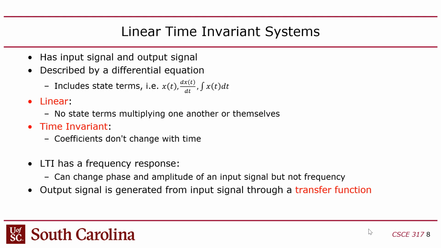Oh yeah, well it's linear in the sense of differential equations. It's linear in the sense that you're only multiplying coefficients times derivative and integral terms of a time series signal, right? So that's what's meant by linear time invariant systems.